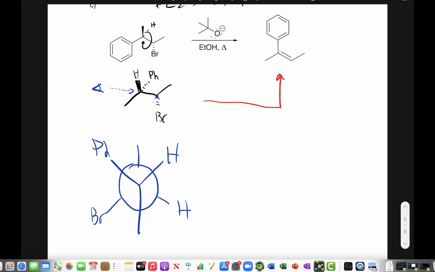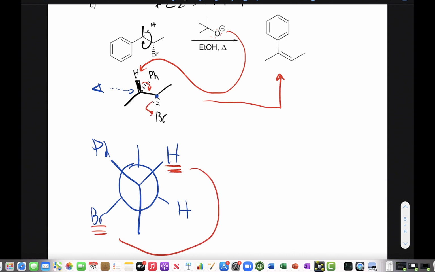And we can see, in that reaction we did, and I'll redraw the arrows, that hydrogen, this one here, is antiperiplanar to the bromine, right? They are 180 degrees apart. They're antiperiplanar.